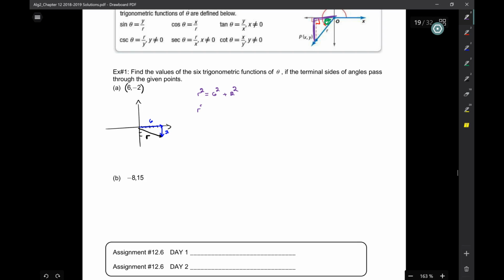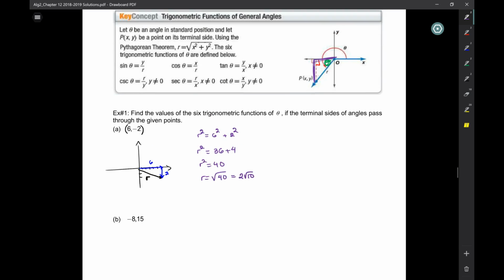So r squared is equal to 36 plus 4, 40. r is root 40, which is how much? 2 root 10. Okay, so that's my radius.